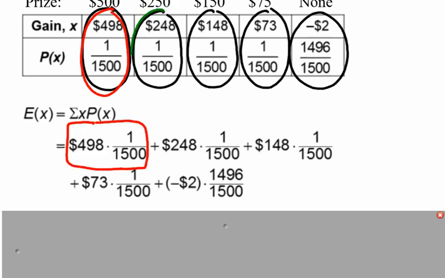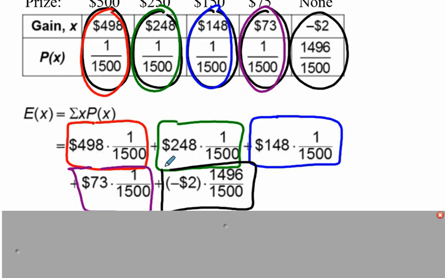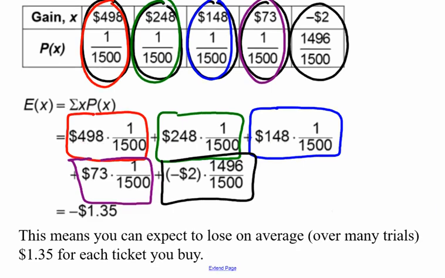Then $248 times 1 over 1,500. $148 times 1 over 1,500. $73 win, because it's $75, but you paid 2 to play. And then the last one is a $2 loss for 1,496 out of 1,500. Find the values of each of those, add them up, and I see it's negative 1.35.